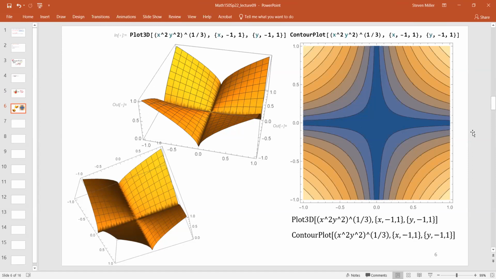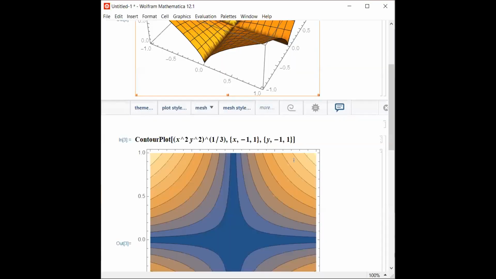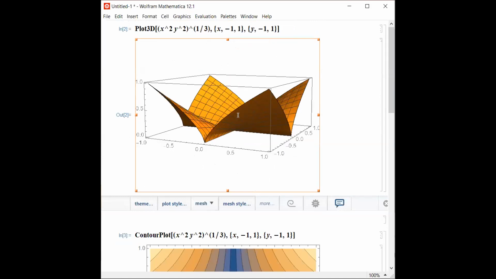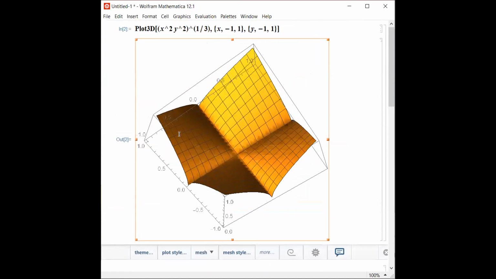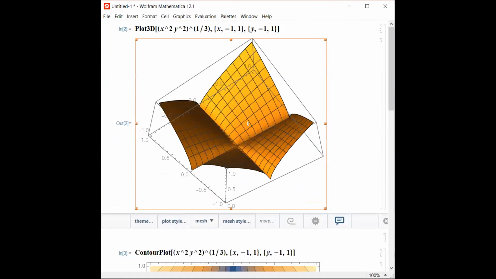If you look at it though, I gotta stop the share before I go to Mathematica. And so if I go to Mathematica, I've plotted it over here. Here is my object. And again, I can turn it around and just try to look at it. You're looking straight down, looking from the bottom. You can see there's some kind of strange difference in behavior.